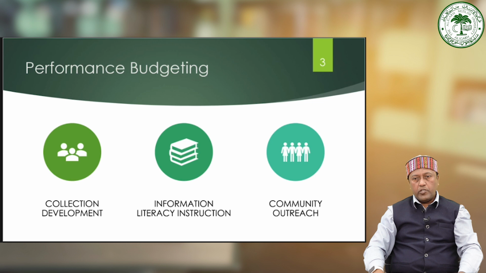One advantage of performance budgeting is its focus on the service mission of the library, thereby highlighting the importance of operational efficiency. However, a significant challenge lies in quantifying service quality and activities.